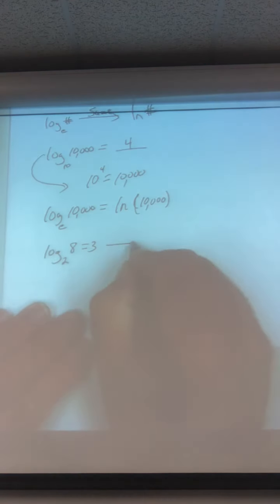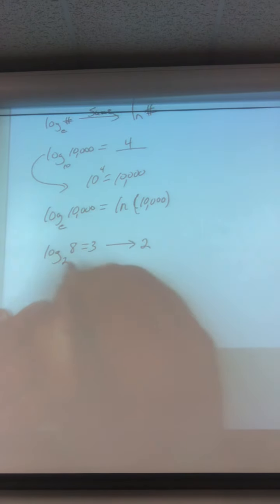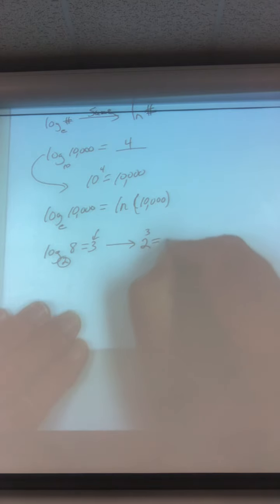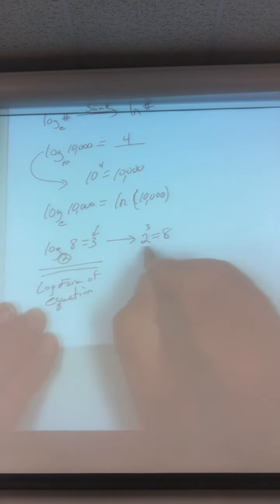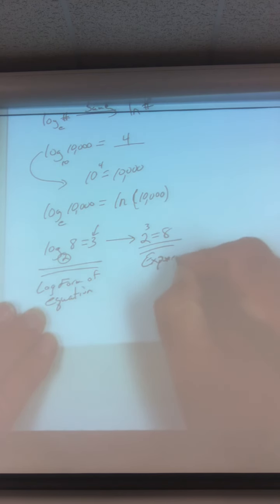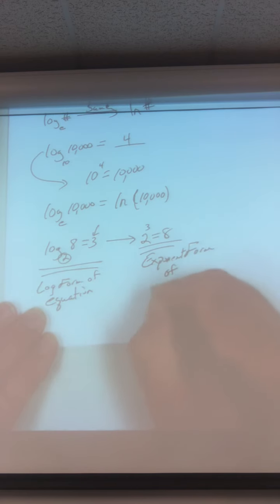So this is true because base 2 raised to the third power equals 8. This is what we call the log form of the equation. This is called the exponent form of the equation.